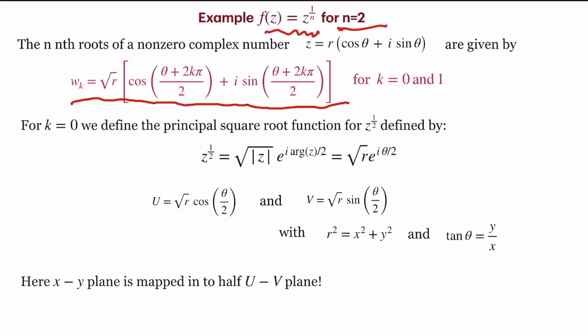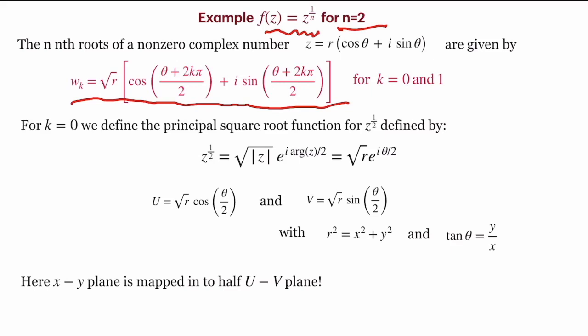Now you see that the square root of z has two values, that is a two-valued function, but we don't want to have two values. We want to stick to only one value. Then we use the principal square root function. Here we select only the k = 0 root and ignore all others if you have more. In this case, there is only one other extra root, which we ignore completely.